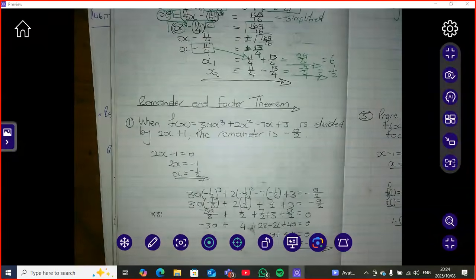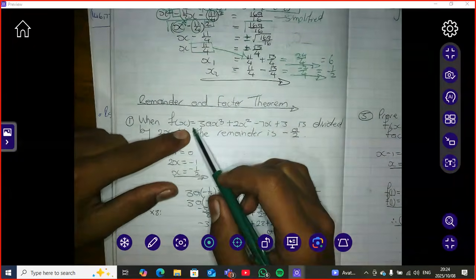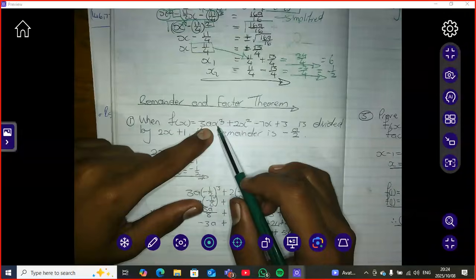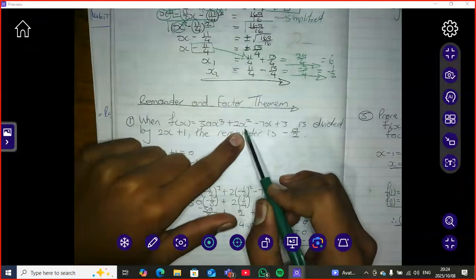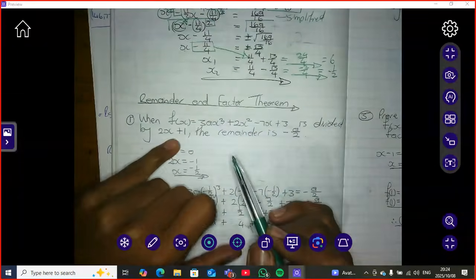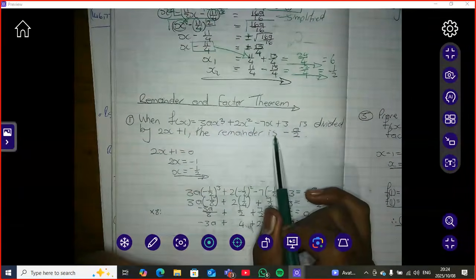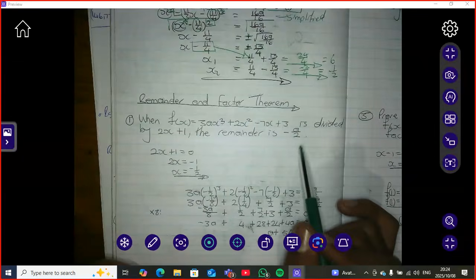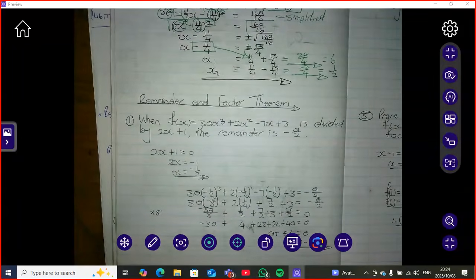Okay. The remainder factor theorem. It's saying when f(x) equals 3ax cubed plus 2x squared minus 7x plus 3 is divided by 2x plus 1, the remainder is negative a over 2.